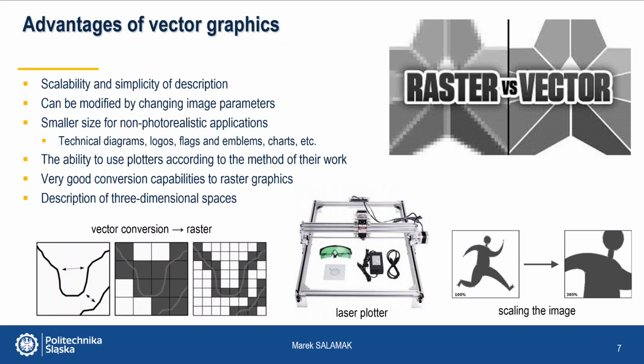The main advantages of vector graphics are scalability and simplicity of description. This is due to a mathematical description that is independent of magnification and display. Image modification is straightforward. It is enough to change its parameters.